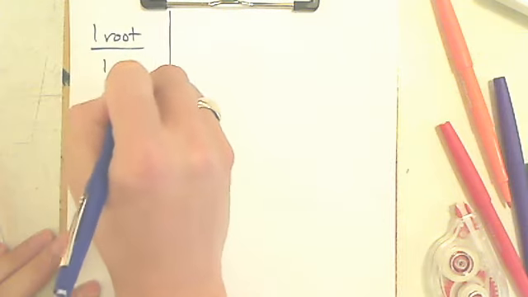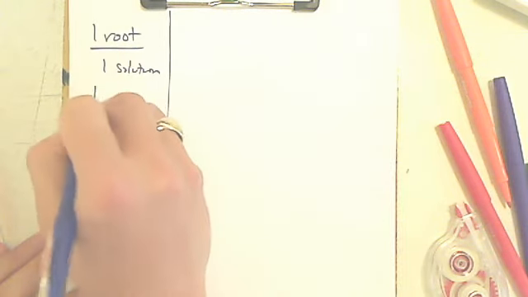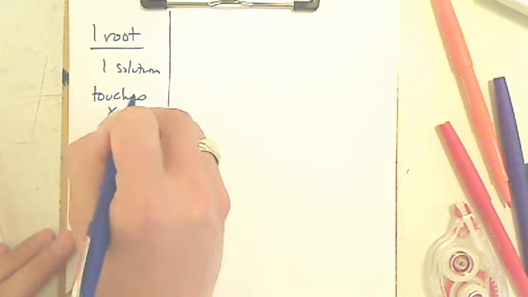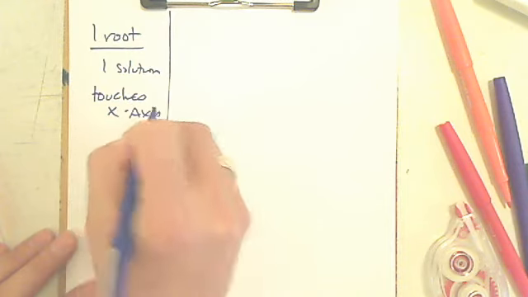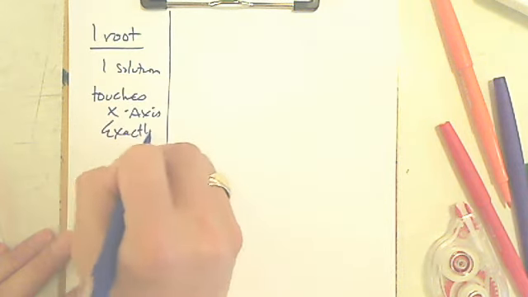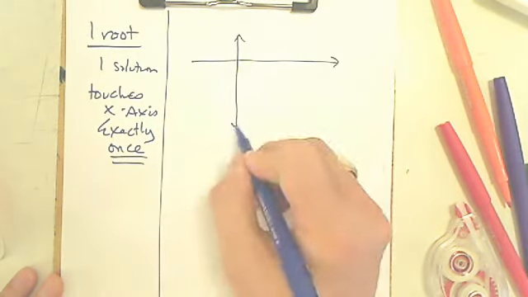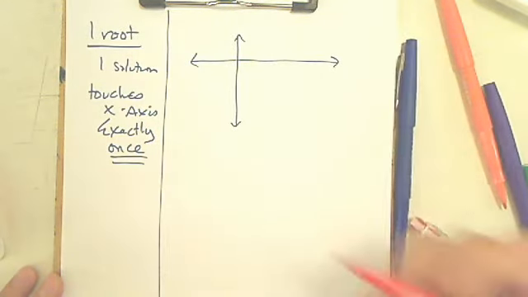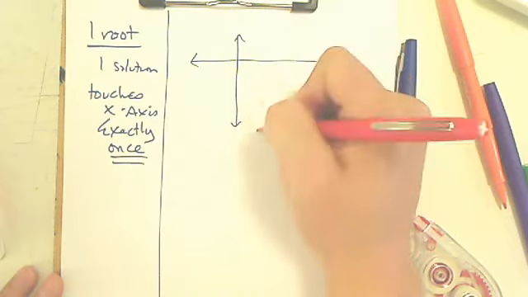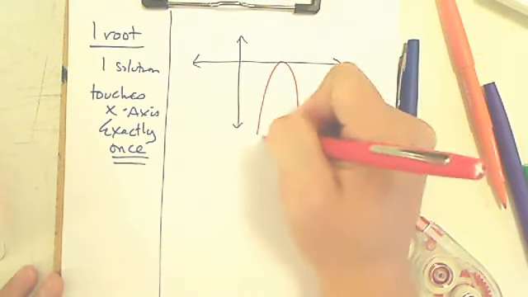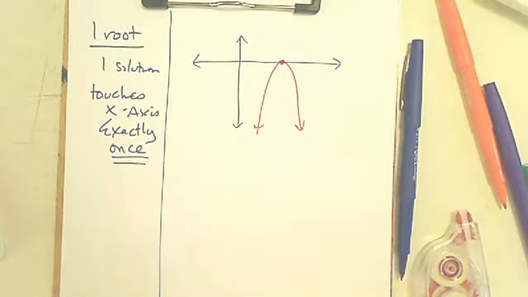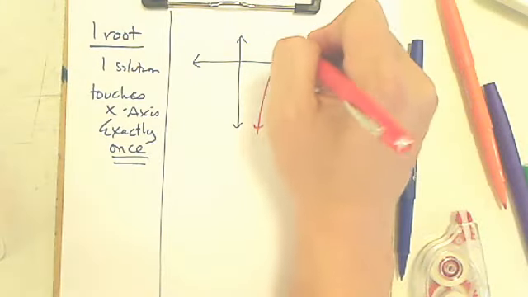Okay, so it has one solution, and it touches the x-axis exactly once. Example. Let's say if I have it at 3, 0.